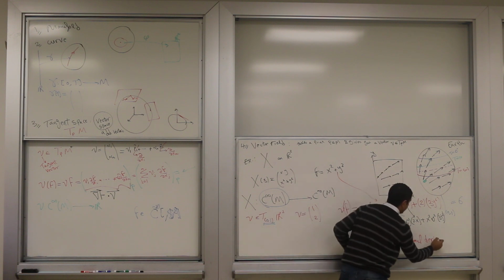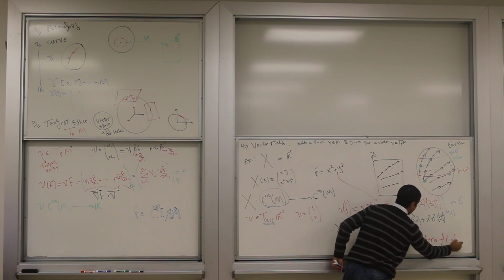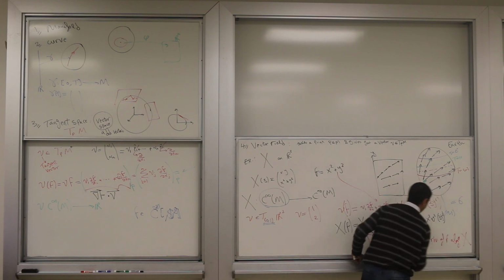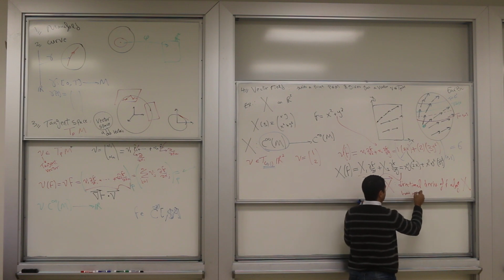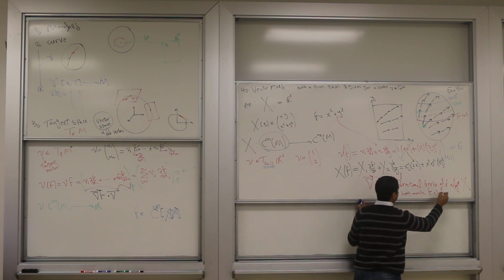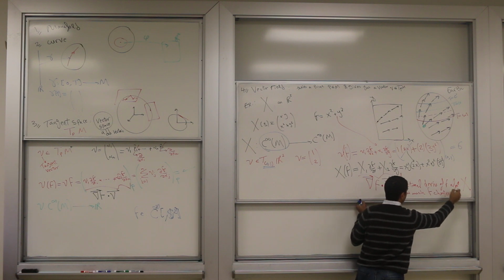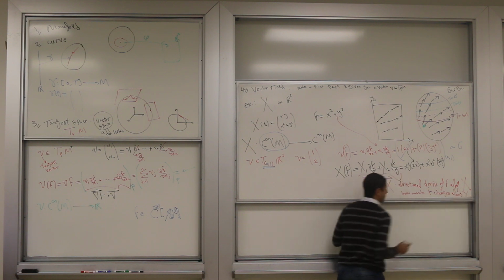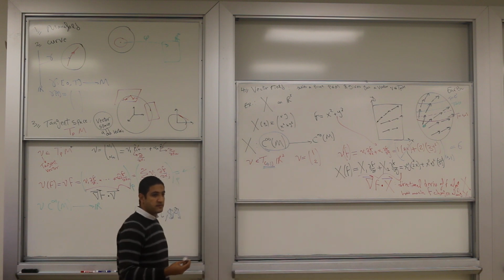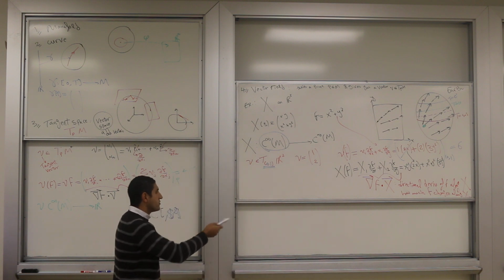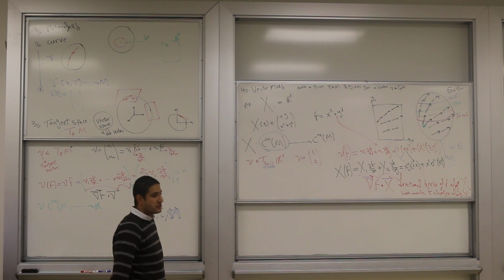The directional derivative of f along the vector X, which represents how much f changes along X, right? Any question about that? And to compute it, it's easily computable, just differentiation.